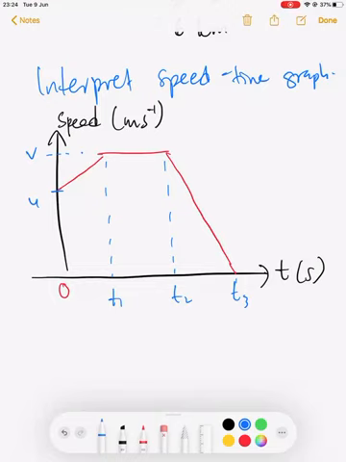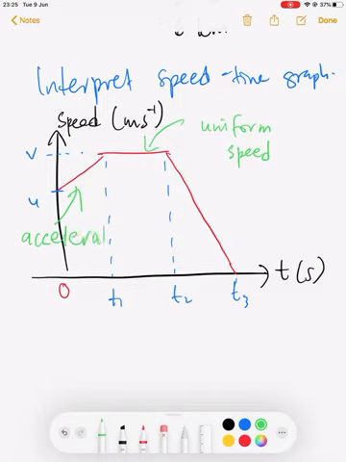Okay, what can we say? Here we have a uniform speed. The speed doesn't change from T1 to T2. From 0 to T1 the speed increases, so we would call this part acceleration.